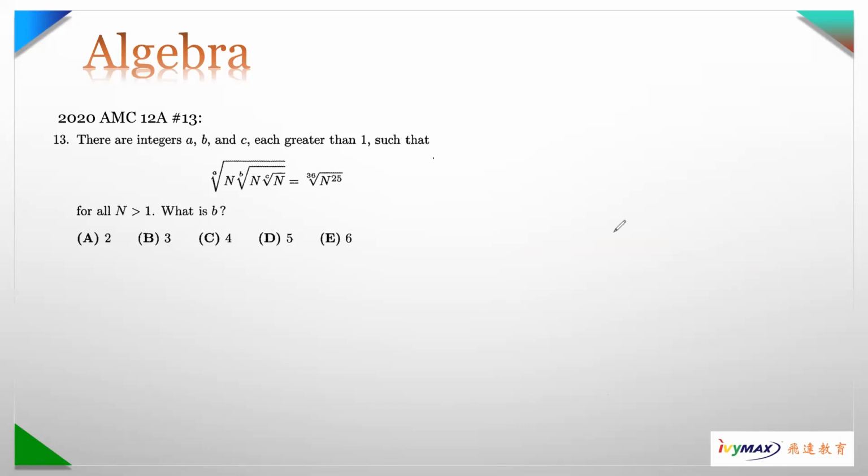Okay, so we know that if we have a radical expression, the nth root of a, to the power of b, that can be written in the form of a to the power b over n, right?